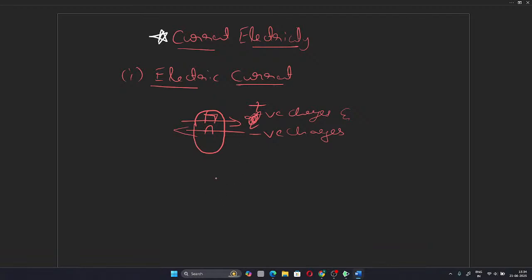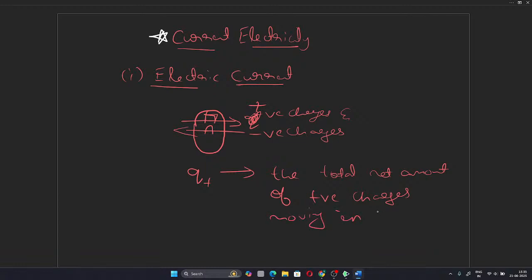If that is the case, then let q plus be the total net amount of positive charges moving in the forward direction.